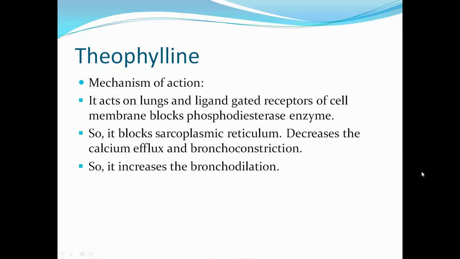When phosphodiesterase is blocked, it affects the sarcoplasmic reticulum, which in turn decreases calcium input and bronchoconstriction. So bronchodilation is improved. If bronchoconstriction is decreased, it means bronchodilation is increased, meaning relaxation of bronchial smooth muscles is increased.